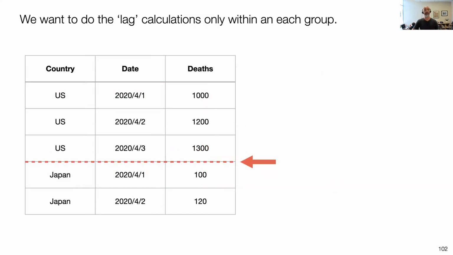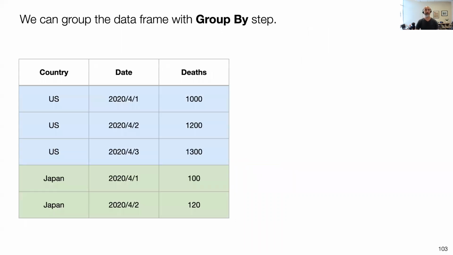We want the lag calculation to happen only within the group, and when it goes to the next group, start from the first row. That is called group by, and you can group the data frame into different, what do you call it, oh my gosh, I forgot that word. Let's say groups.